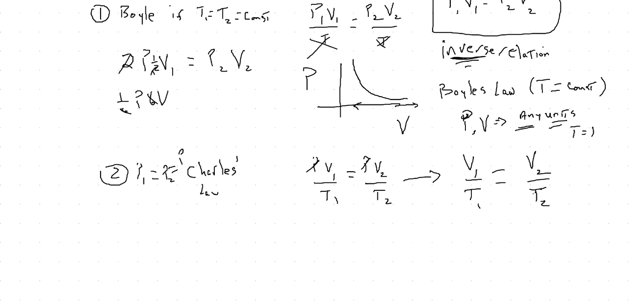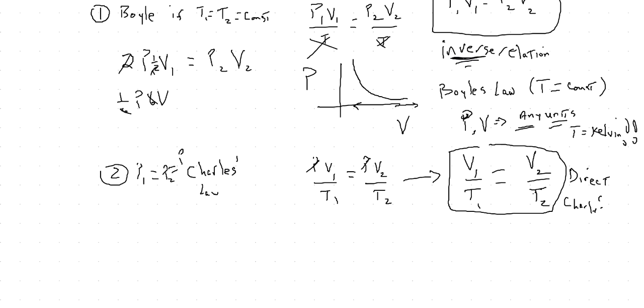You cannot do your calculations in Celsius or Fahrenheit. Okay, must be in Kelvin. This type of relationship is called a direct relationship. So again, this is Charles' law, and that's P equals a constant. Charles can't take the pressure.